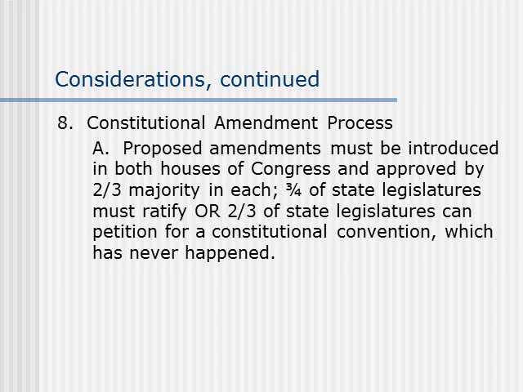The one case where it went to state constitutional conventions was the one that repealed prohibition, because none of the legislators wanted to have their name attached with bringing back booze. So it goes 2/3, 3/4, national, state, and at both places it could be either the legislature or a convention, and it's almost always the legislature.